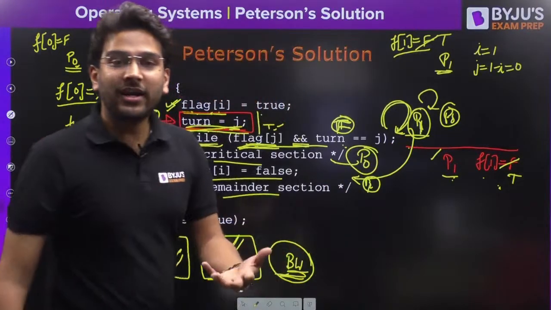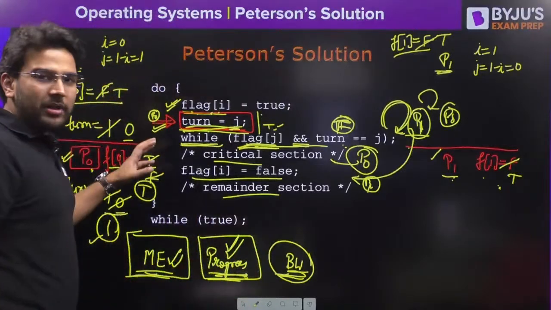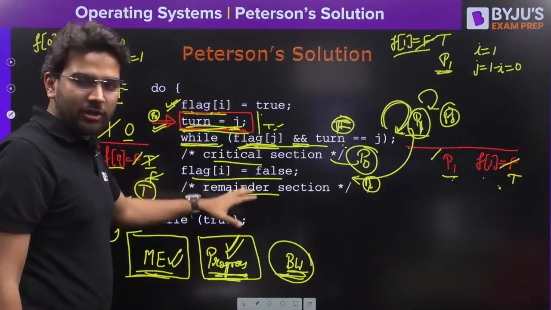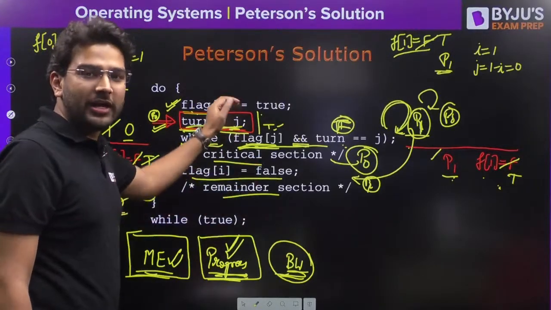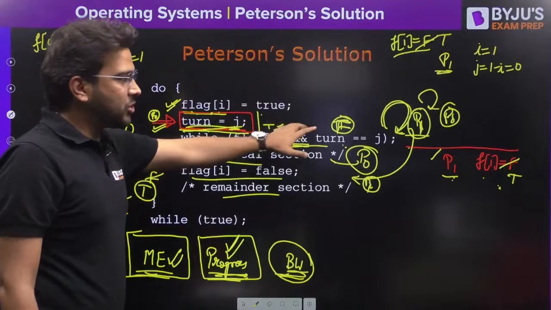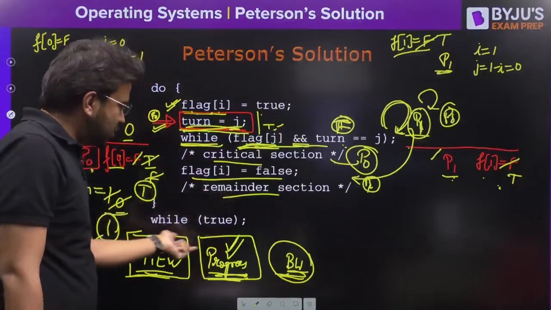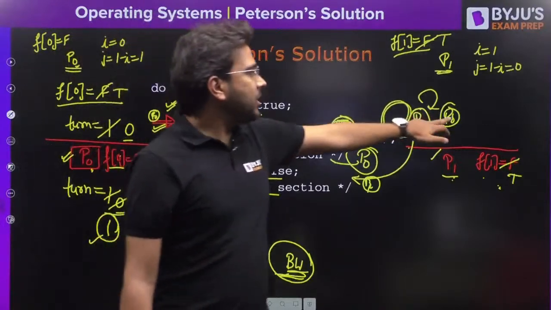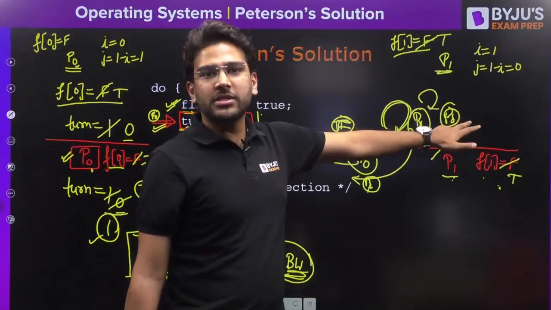So how is bounded waiting satisfied? If you remember everything, first P0 executes turn is equal to j. It got the chance. Then P1 executes turn is equal to j. It was doing busy waiting. As soon as P0 gets out and tries to execute this while loop again, P0 got stuck here. It is performing busy waiting.